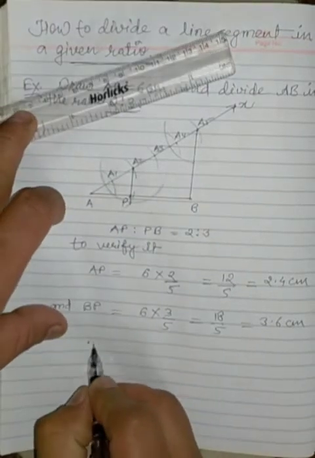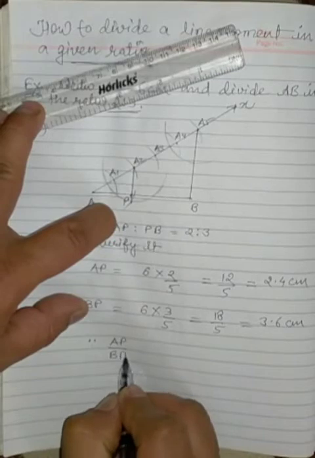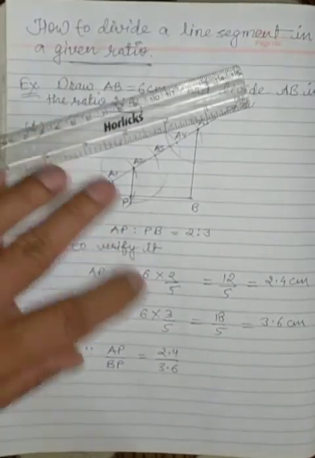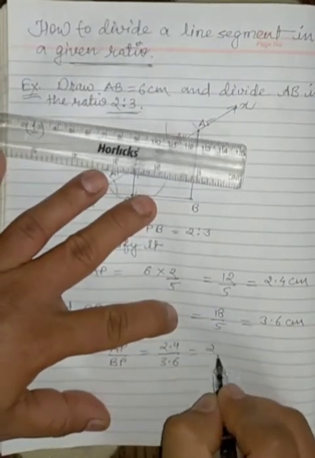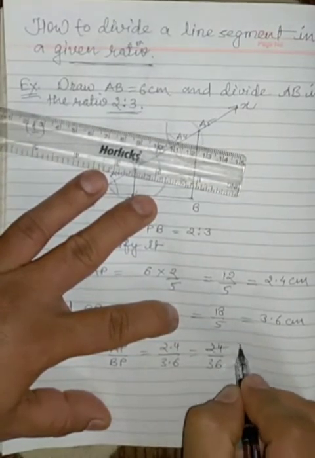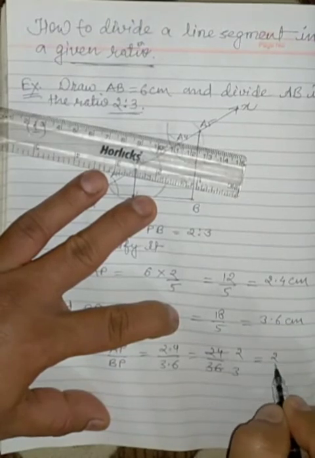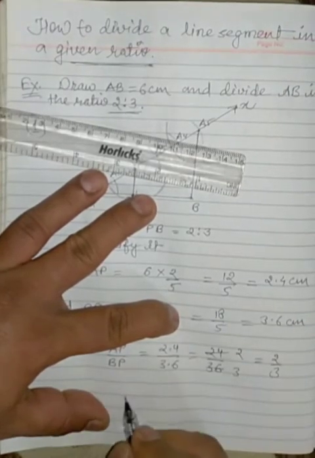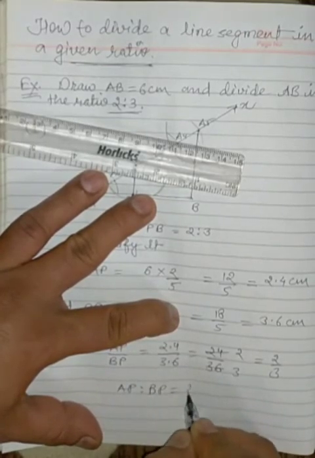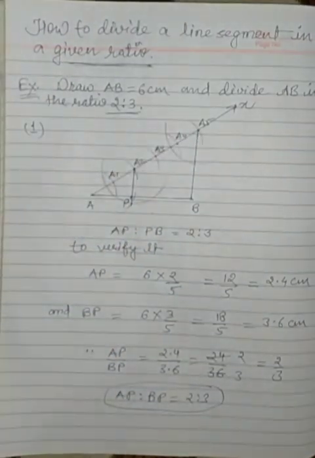That means AP upon BP is equal to 2.4 upon 3.6. If we remove the decimal, it is 24 upon 36. 12 twos are 24, 12 threes are 36, so it is equal to 2 upon 3. Therefore, AP is to BP is equal to 2 is to 3. That means our construction is absolutely right.